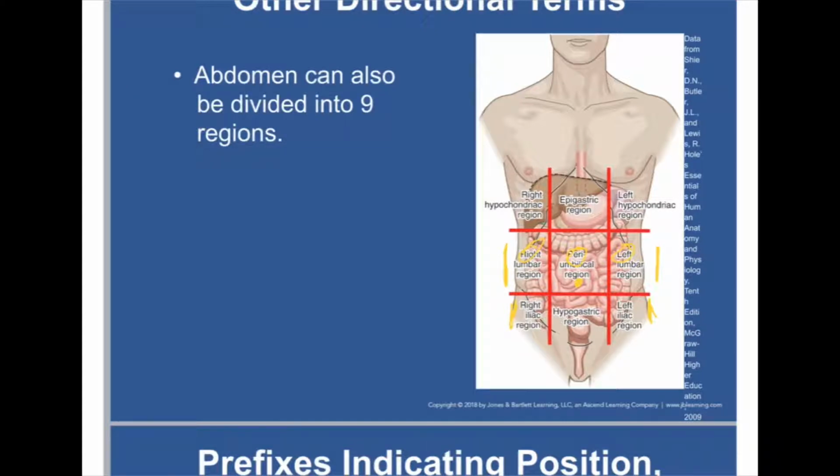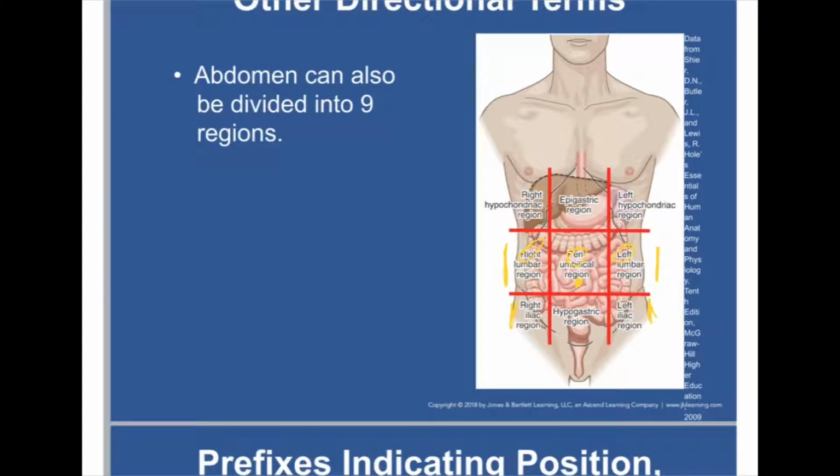The hypogastric region is the region as we get into the lower part of the abdomen and into the pelvis. Well, you should already know that hypo means below, so gastric region, that's the lowest region of the gastric area. And then you have the left and right hypochondriac regions, as well as the epigastric region.